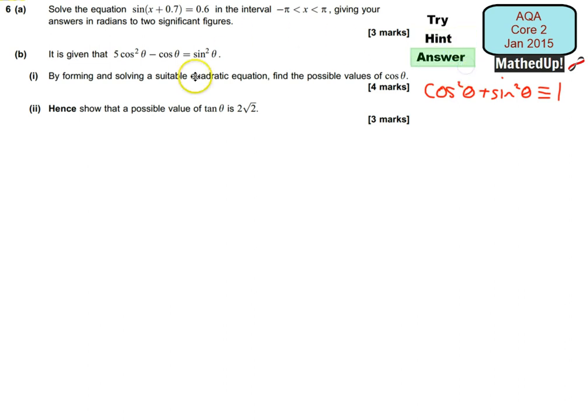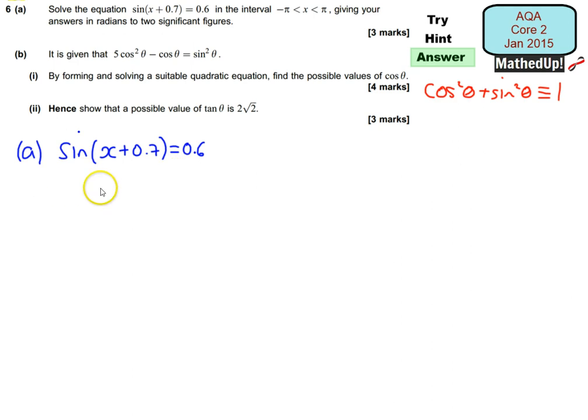Okay, so in this part of the video I'm going to go over the full solutions for this. So for part A, we want to solve this equation here. So we've got the sine of x plus 0.7 is equal to 0.6.